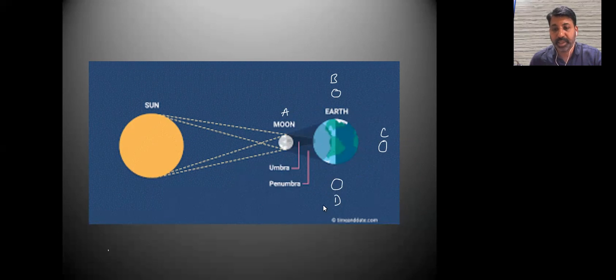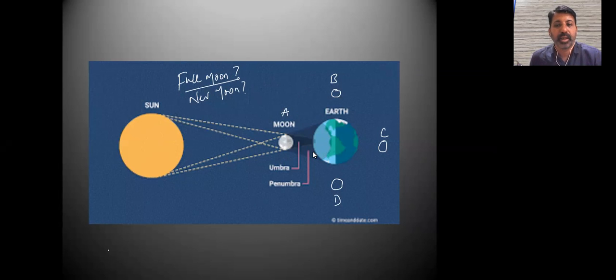Out of this A, B, C, D, which place you will have a full moon day? Which place you will have a new moon day? Anybody? Just see the image and tell me. This is a previous year question, IAS prelims question.